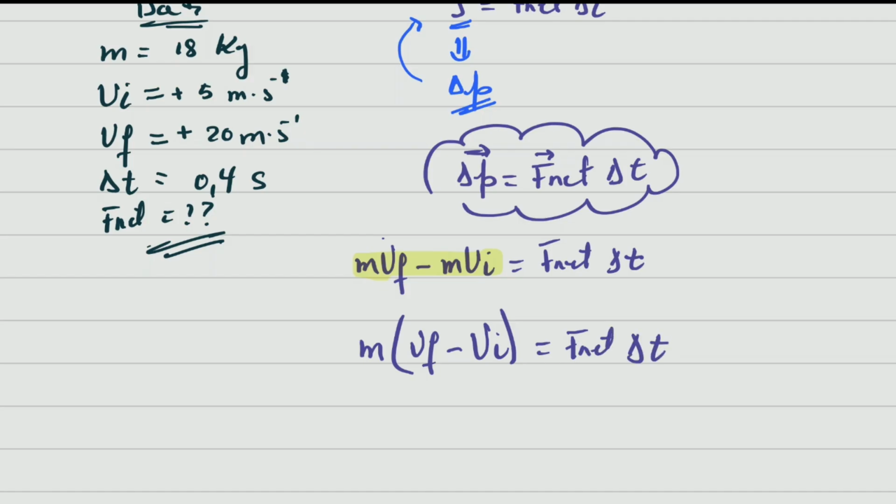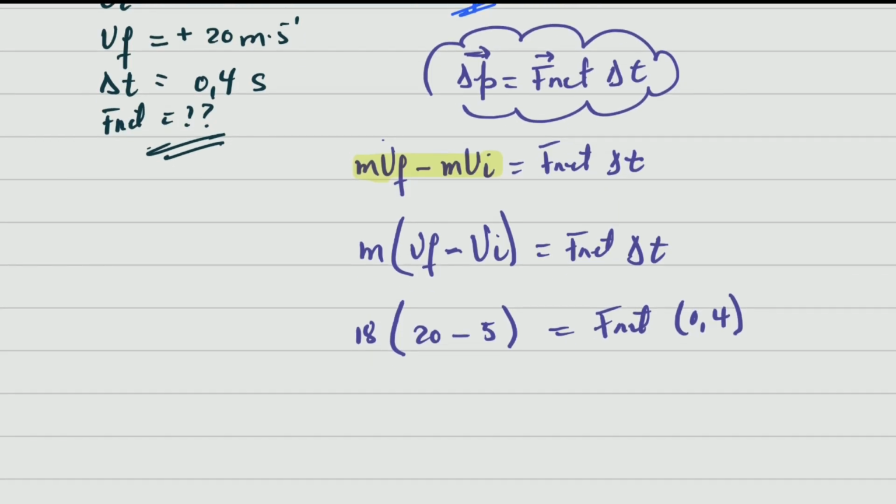Okay, guys, and all we have to do is to substitute the values we have. This one is 18, final velocity is 20, minus initial velocity 5, equal to F net multiplied by the time, which is 0.4 seconds.